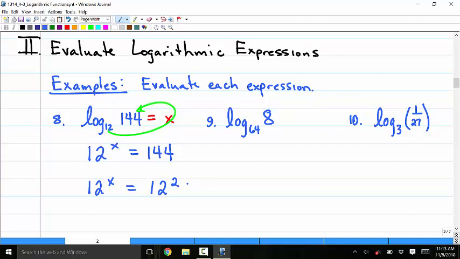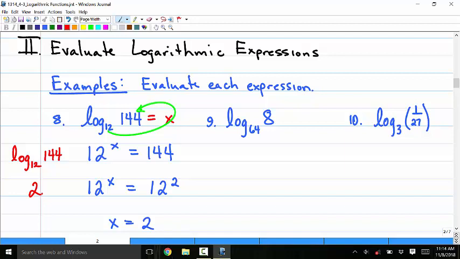And then what do you do to the bases? Just kind of erase them. And so x would equal 2. So log base 12 of 144 simplifies to 2. Over here, when I simplify that, I would just write the number 2.